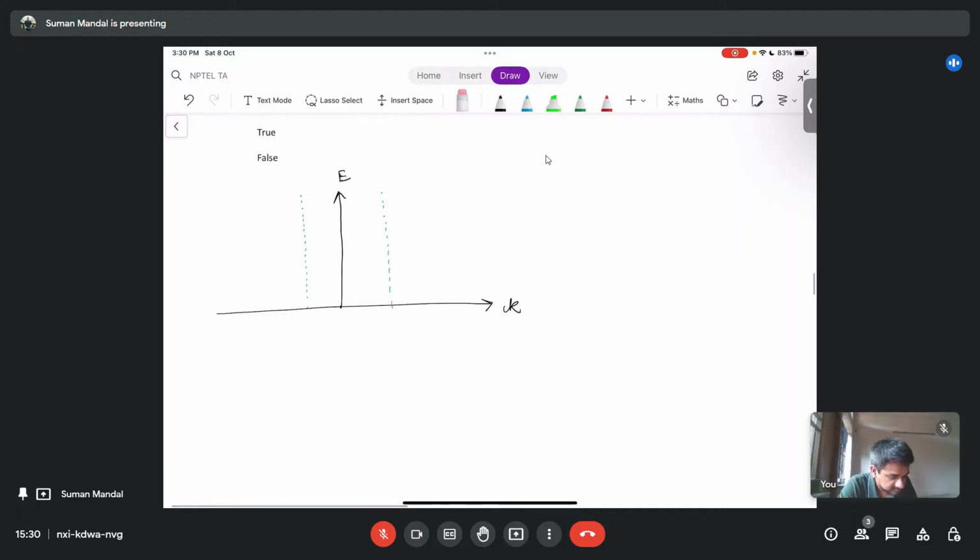Let this be at a separation of pi by a, where a is the lattice parameter in that direction. Let this be in one dimension. So these are Bragg planes where diffraction of electron waves takes place, and so it would look like something like this.